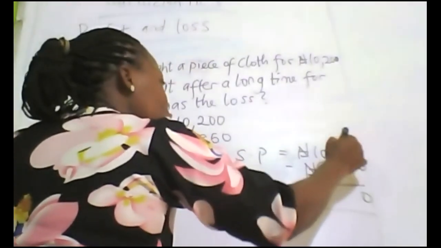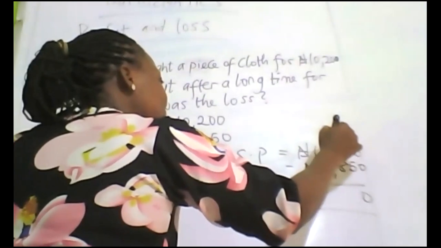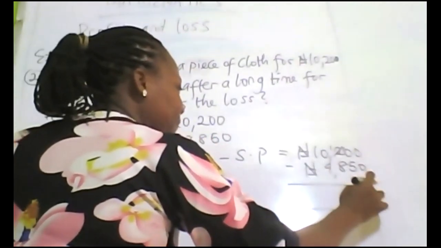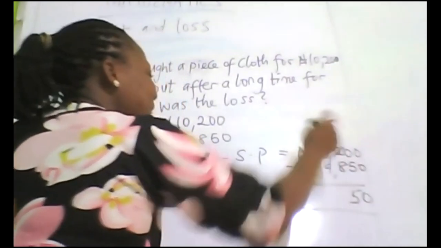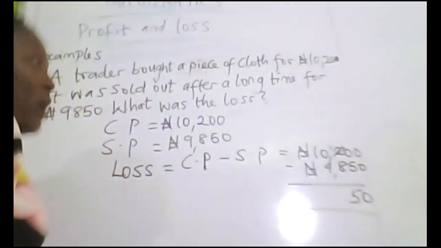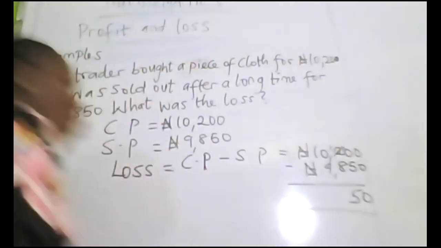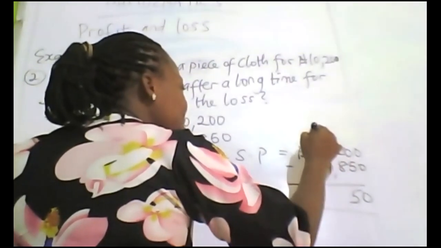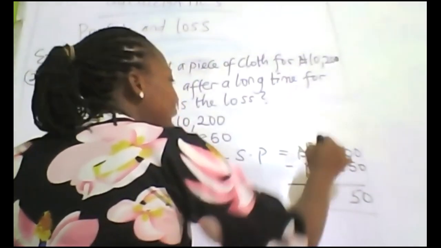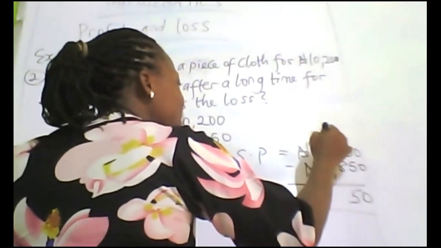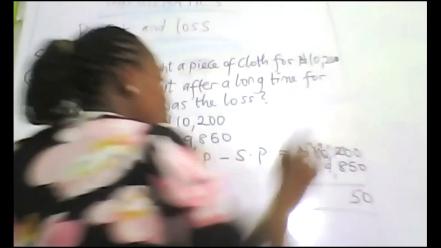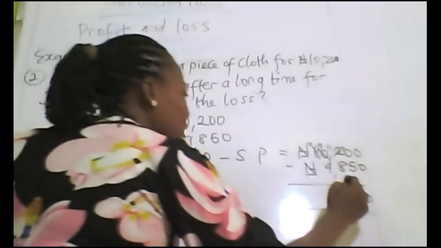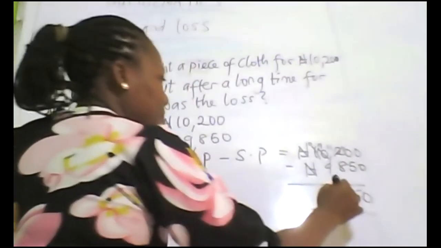I borrow from 2, it reduces to 1, and this becomes 10. 10 take away 5 gives 5. 1 take away 8 is not possible. I come to the next figure. It is 0, I cannot borrow. Move to the next one, 1. This will reduce to 0, and this becomes 10. I cannot borrow from 10, so it reduces to 9, and the 1 I put here becomes 11.